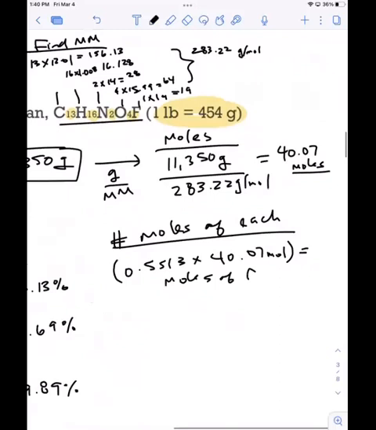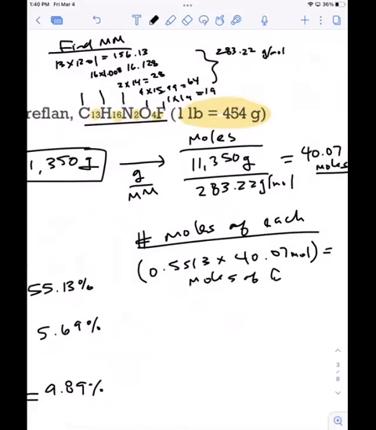Are y'all following that? Does that make sense? We take those percentages, and each percentage is a part of that total of 40.07 moles. We do the same thing for hydrogen, 0.0569 times 40.07. And that'll be moles of hydrogen.